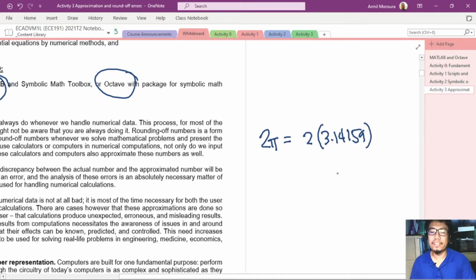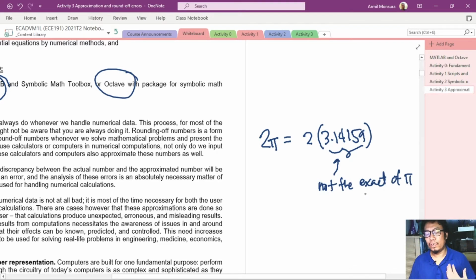For example, that's how you wrote pi before. Already in this part, we did an approximation. We know for a fact that this one is not the exact value of pi.